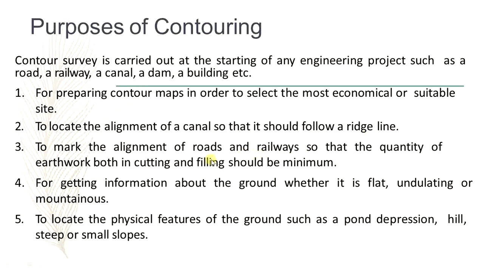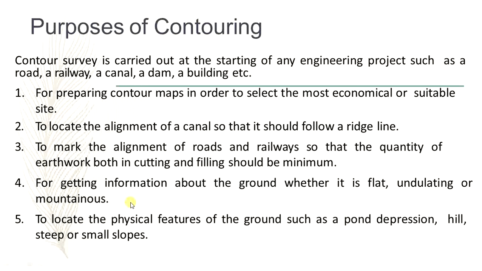To mark the alignment of roads and railways so that the quantity of earthwork, both cutting and filling, should be minimal. Next, for getting information about the ground, whether it is flat, undulating or mountainous.